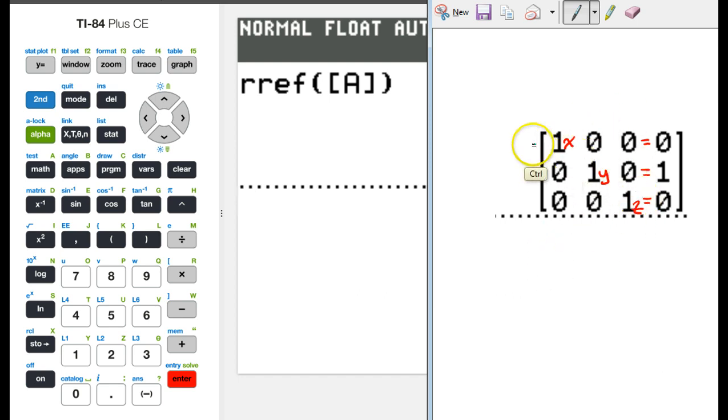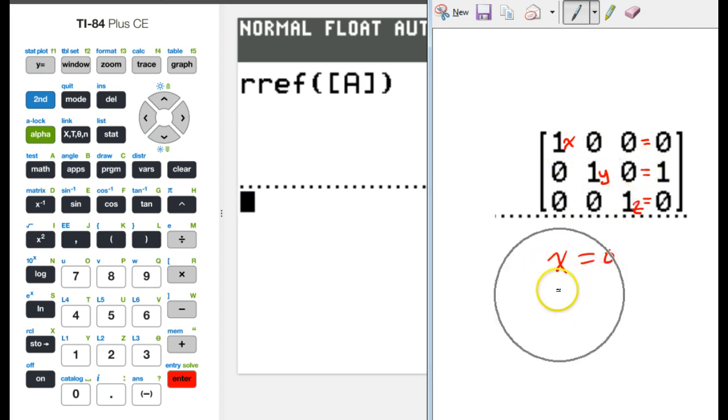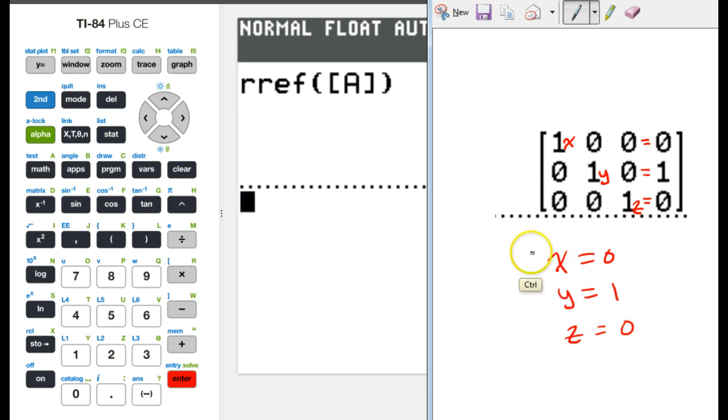So the first row tells us that x equals 0. And the second row tells us that y equals 1. And the third row tells us that z equals 0. So this is a solution, which means it is the only solution.